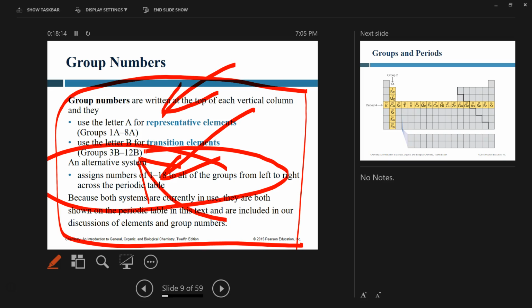And I would care exclusively about why they are in a certain group. Why sodium, potassium, lithium, cesium, francium all are in the first group. Why all noble gases are in the last group. Why is that? And that's what we will try to answer. Am I clear?